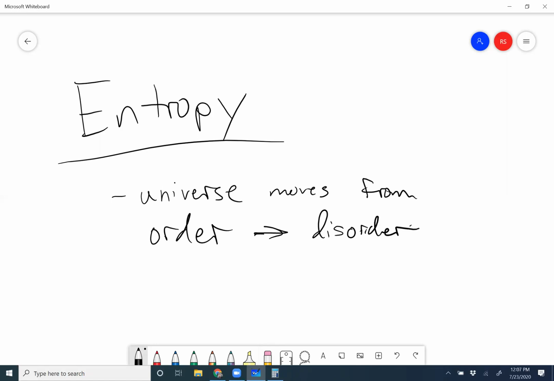Well, if you took a deck of cards, all nice and pretty, and you just set it on a table, and you came back in 5 years, would you expect the deck of cards to be a house of cards? I can't draw, so don't laugh at me. Would you expect that deck of cards to turn into a house of cards, or would you expect it to turn into a big mess?